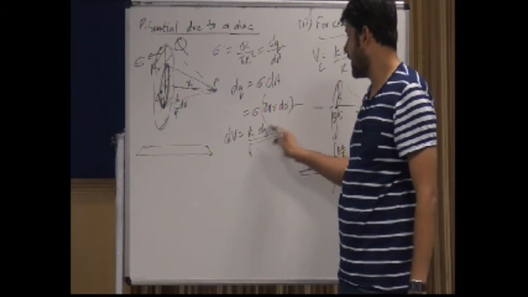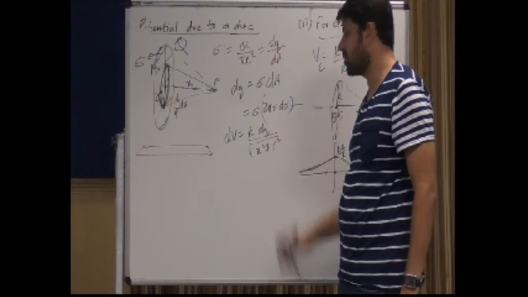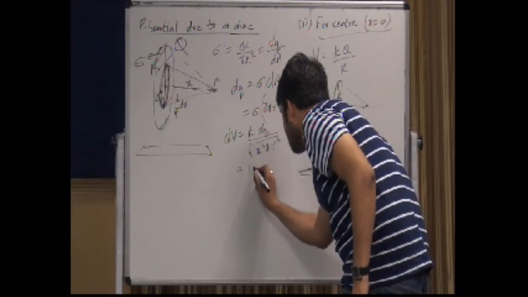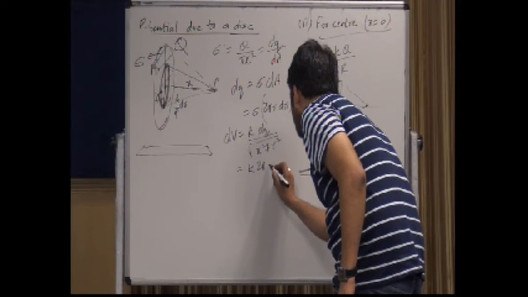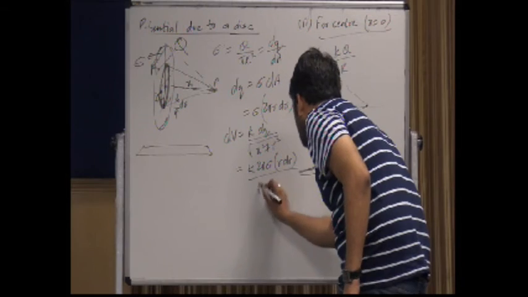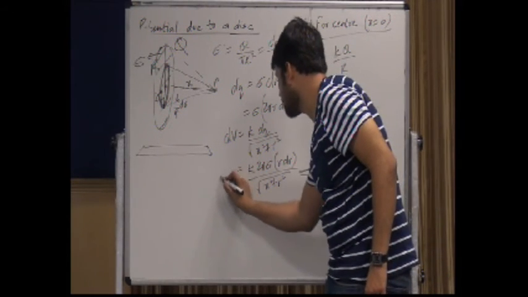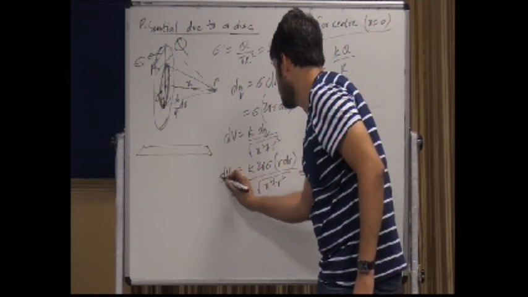K dq upon the hypotenuse, where the hypotenuse would be under root x square plus r square, so we find it to be k 2 pi sigma r dr upon under root x square plus r square. This is dV.